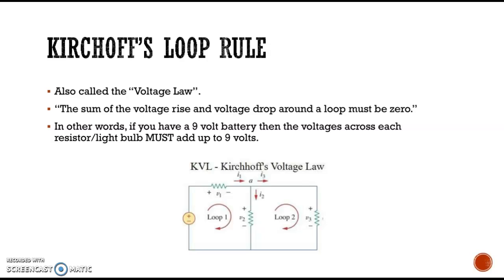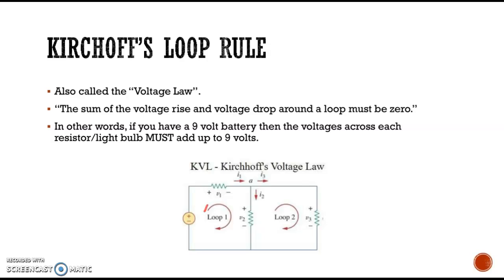And what that means is that we can have any loop in a circuit like this one right here, which we've called loop 1, or this one here, which they've called loop 2, or even this loop here. Any completed loop, the voltage drop and the voltage rise has to come to 0.